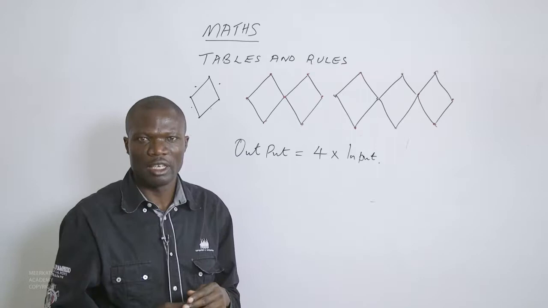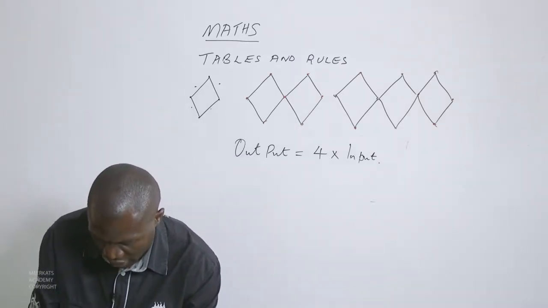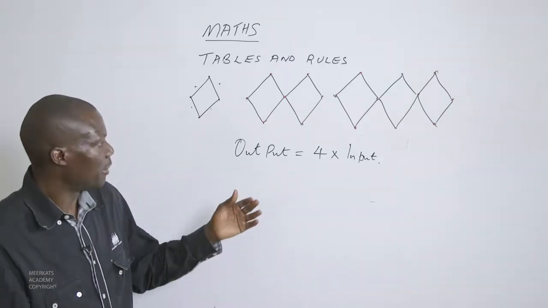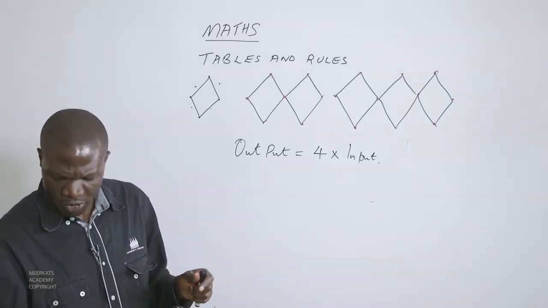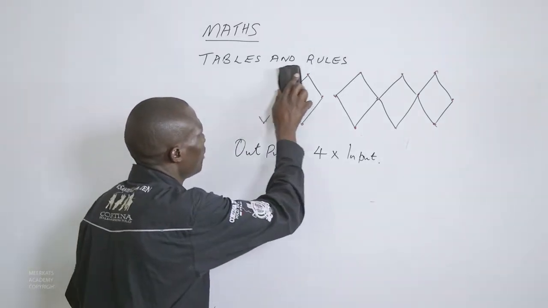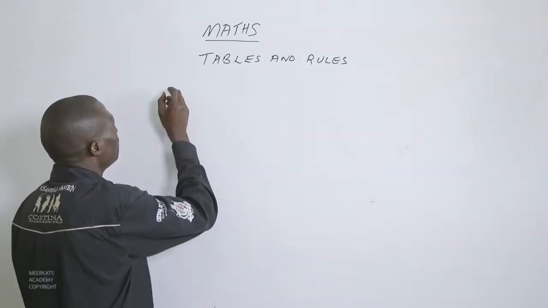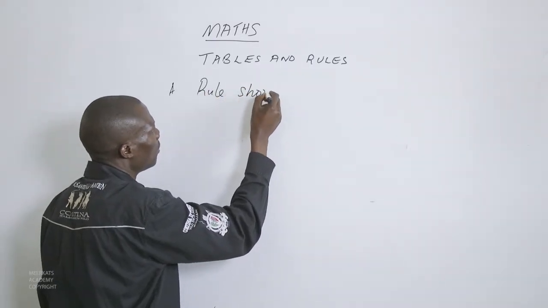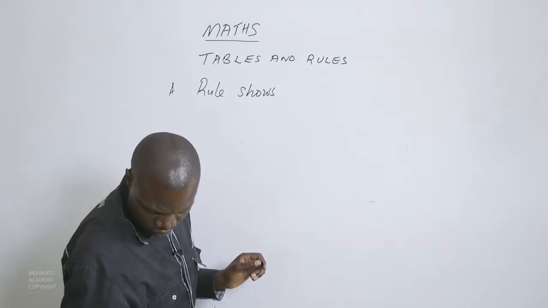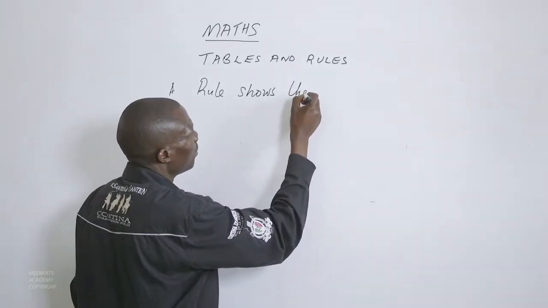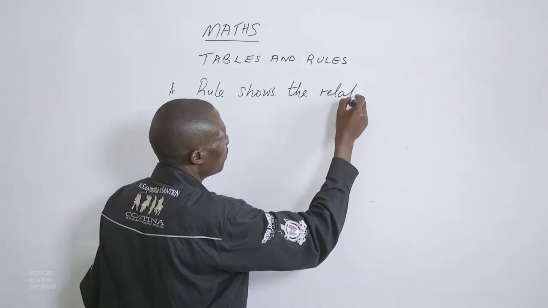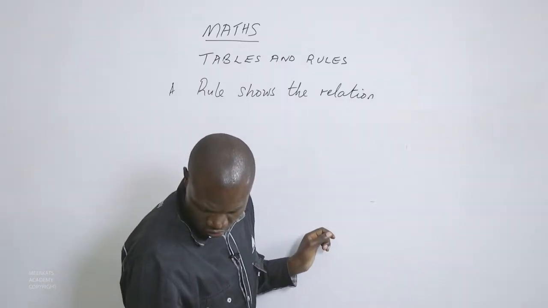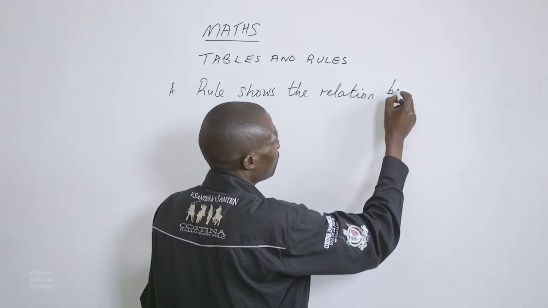So this is a formula that is going to be used as we go about the tables and the rules. Now, when we talk about rules, what are we actually referring to? A rule shows the relation between 2 varying variables.